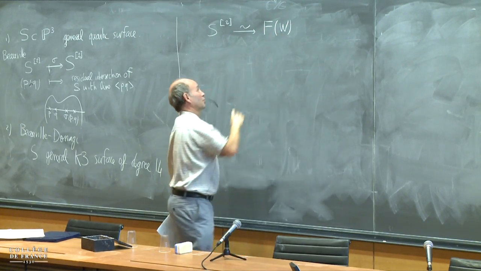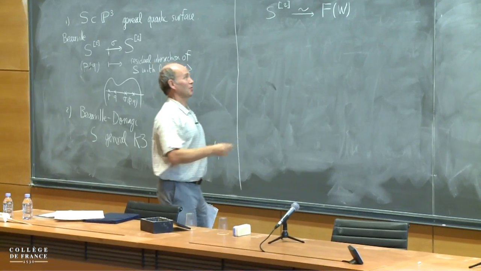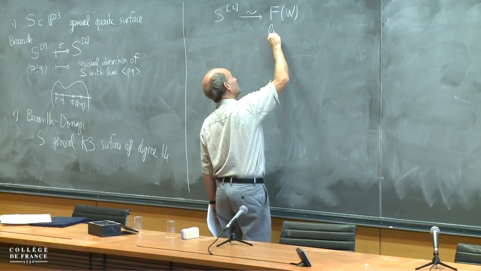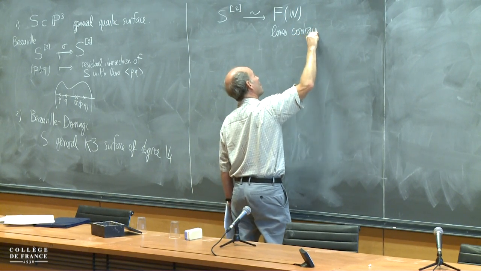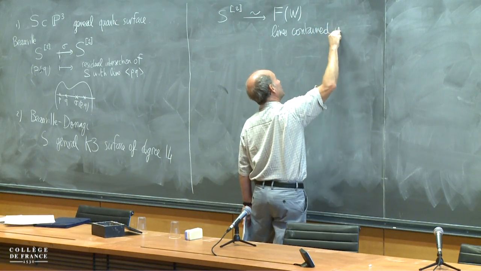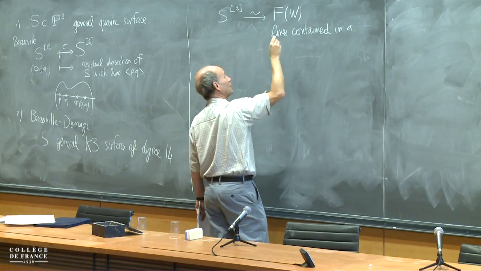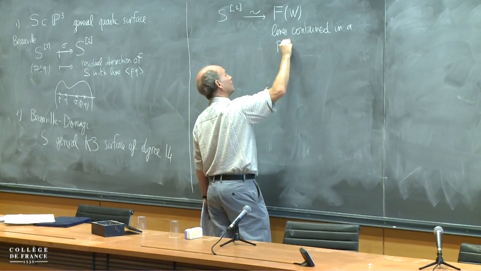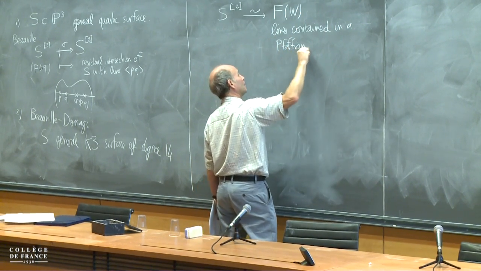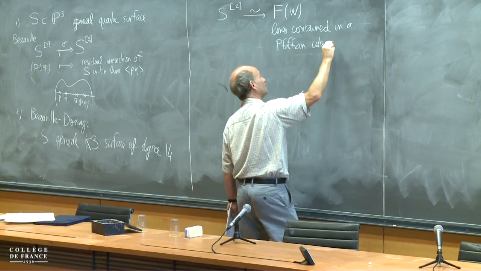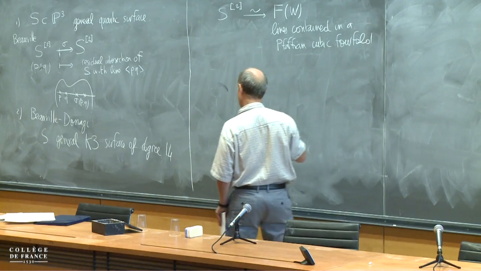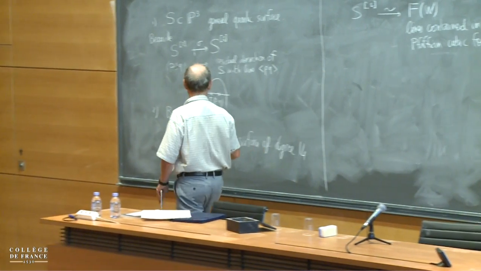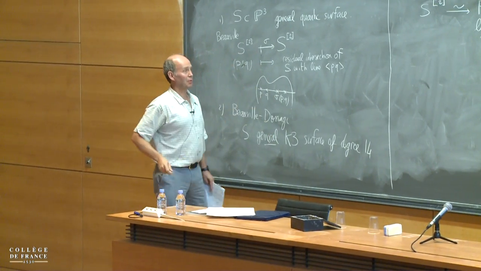It's not the surface, so the fourfold of lines, the set of lines contained in a Pfaffian cubic fourfold. So here I need also that S is general, same as here.